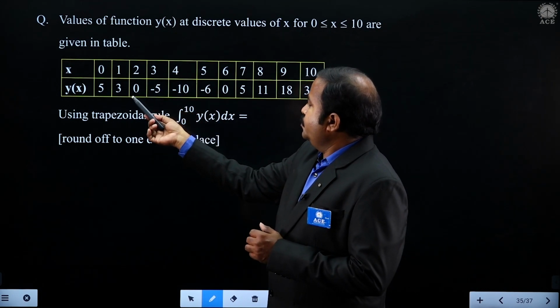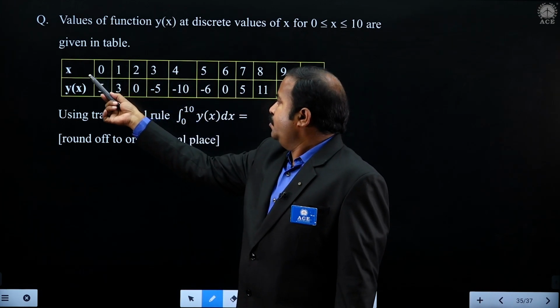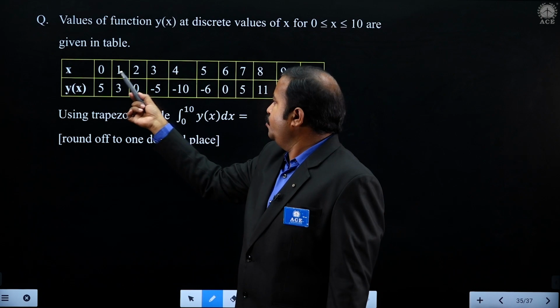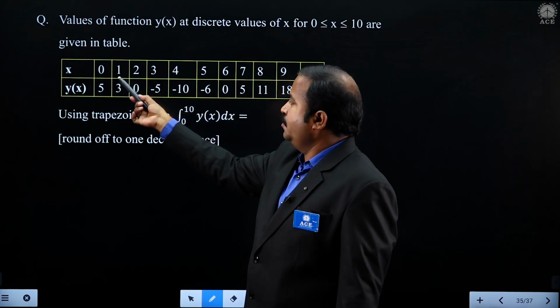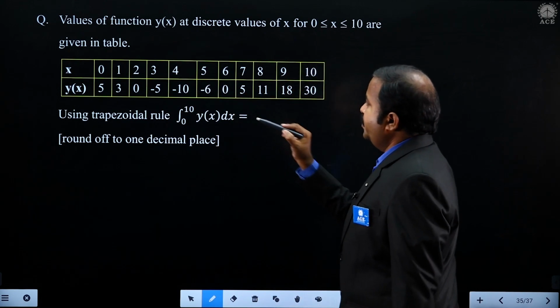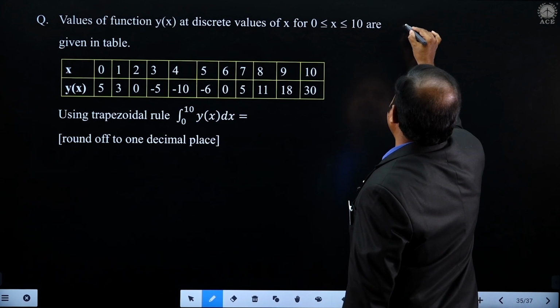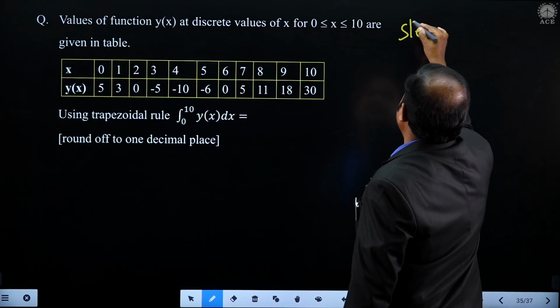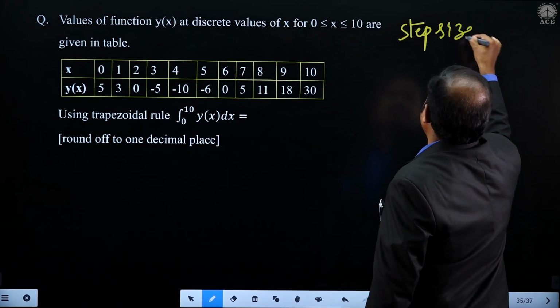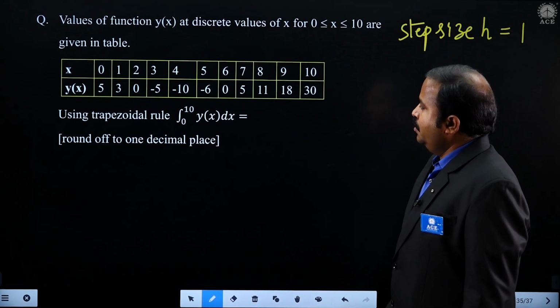Here, by observing the given data, x values 0, 1, 2, 3, 4, what is the step size h, the difference between x values? Very clear, h equal to 1.